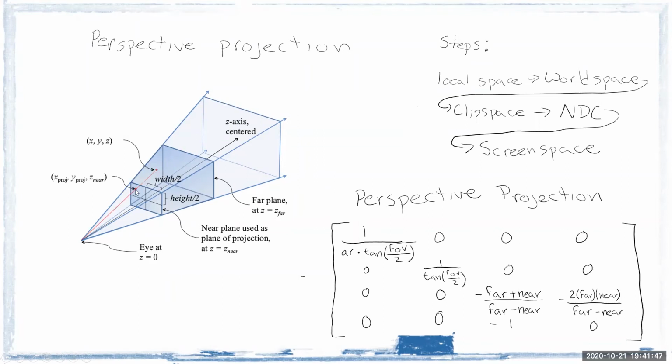To figure out what X and Y coordinates it's going to be at in this plane, you can think about it as if you were to make a section of the frustum exactly at Z of this XYZ point coordinate and figure out the normalized distance of that point from the center of the plane.